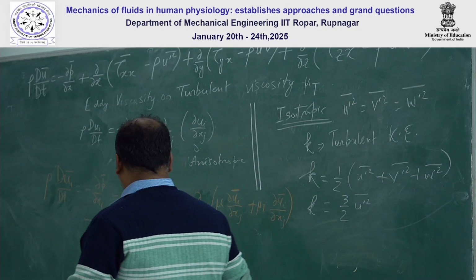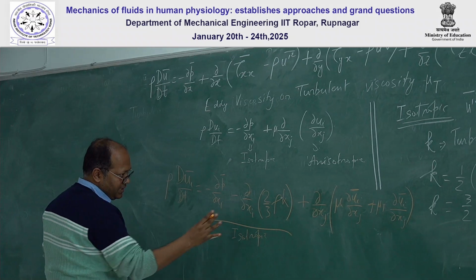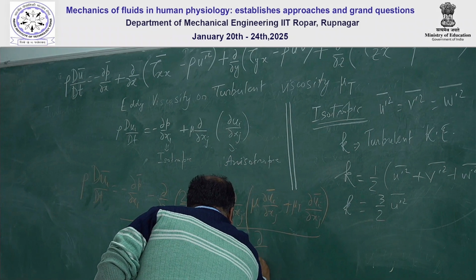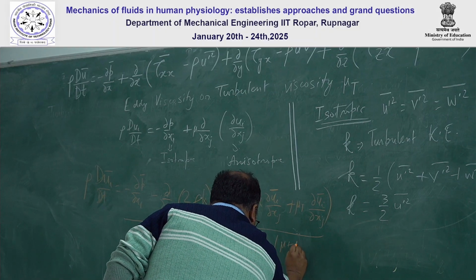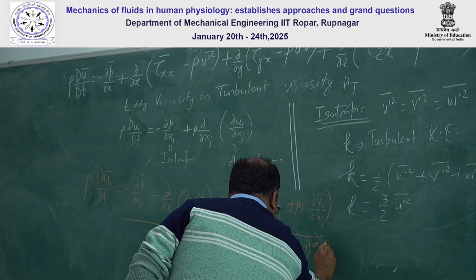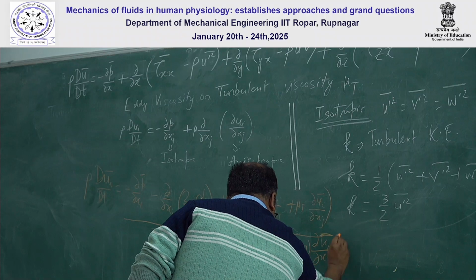So now, this is the isotropic part, this is the anisotropic part. So let's say del x_j, then together we write (mu plus mu_t) into del y, the mean is there, del y del x.